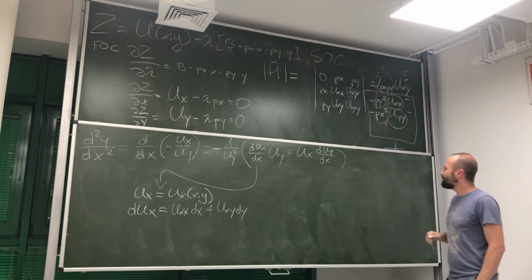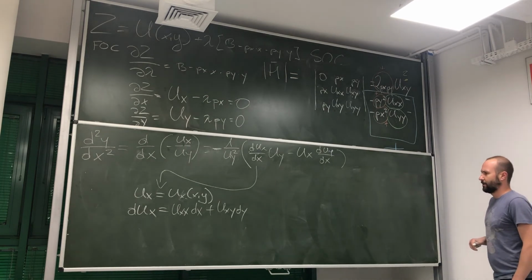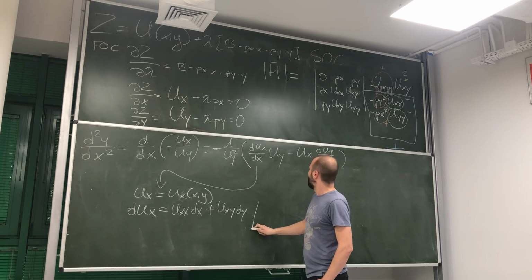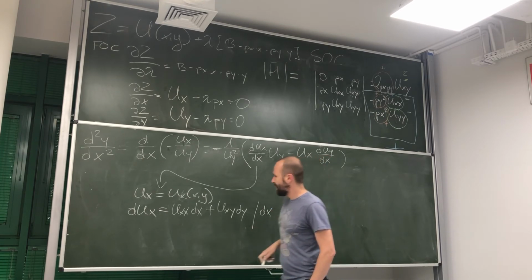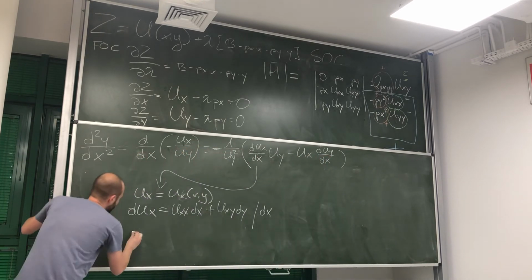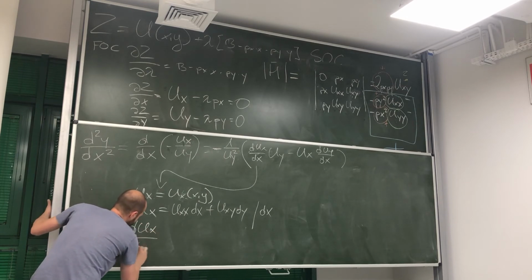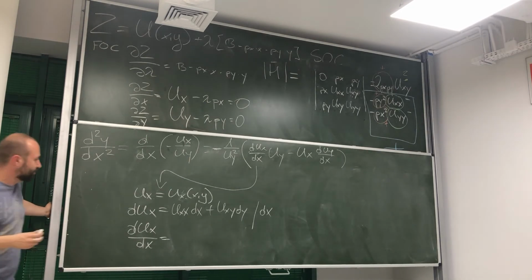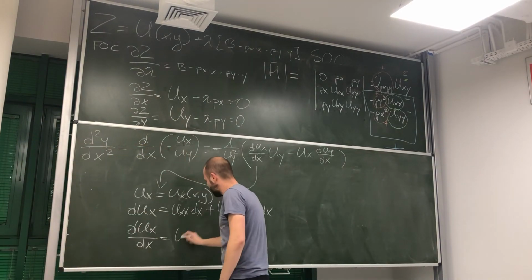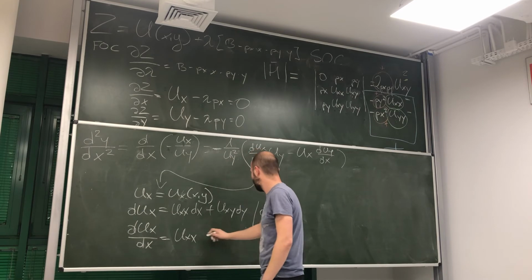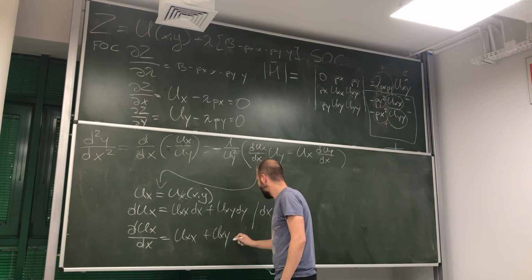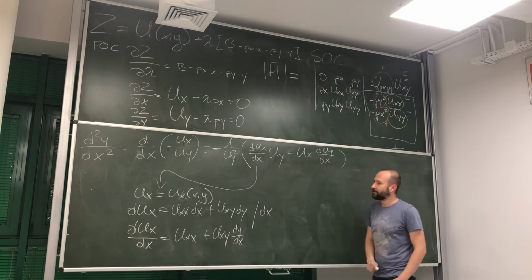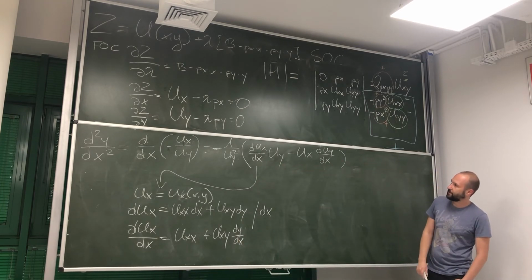And now look, if I'm going to divide both sides of this expression by dx, I'm getting that dux over dx, as you remember from our talks about total derivatives, is equal to uxx, one derivative, plus uxy times dy over dx, a product of two derivatives.